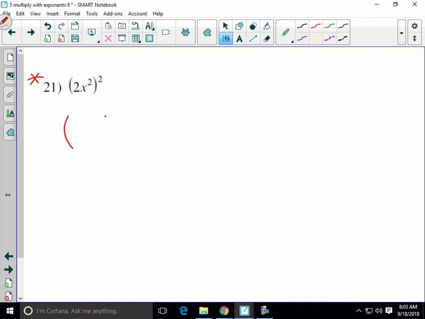Okay, we're going to rewrite this. We have this term to the second power. So what that means is that term multiplied by itself. The part in parentheses is what I'm multiplying, and then the exponent tells me how many times. So this is really an exponent problem, but I turned it into a multiplication problem. Now I can do 2 times 2 is 4, and I can add my exponents now.